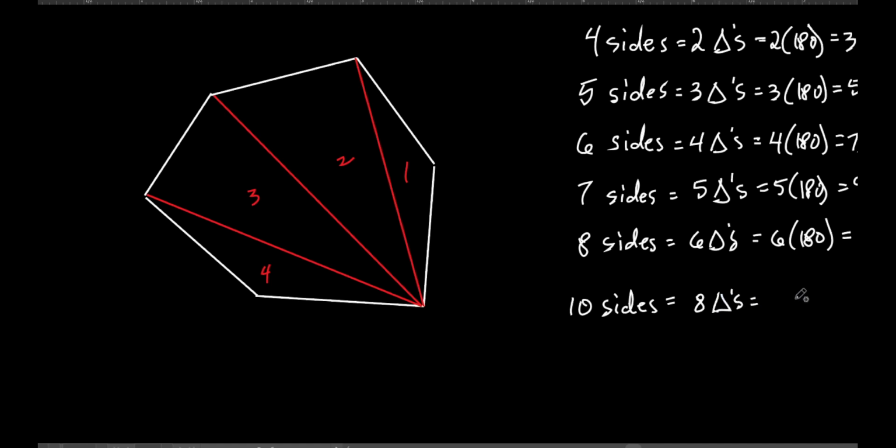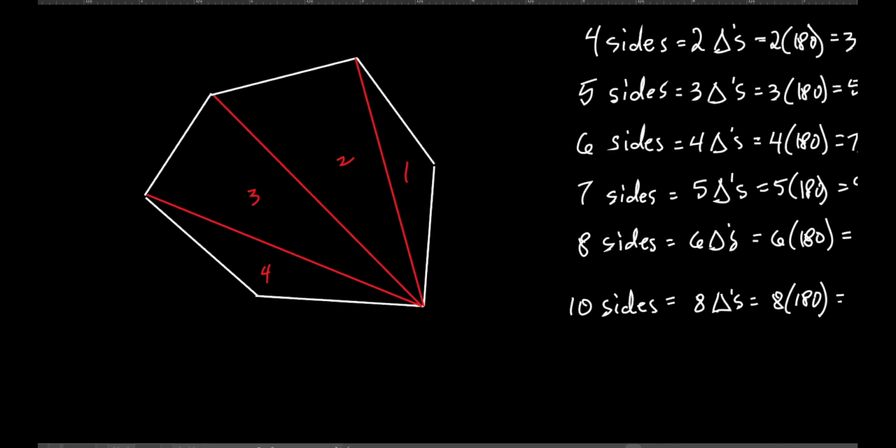Then to find the sum of all the angles of a 10-sided figure, I go 8 times 180, and that's 1440. Some of these numbers I do remember.